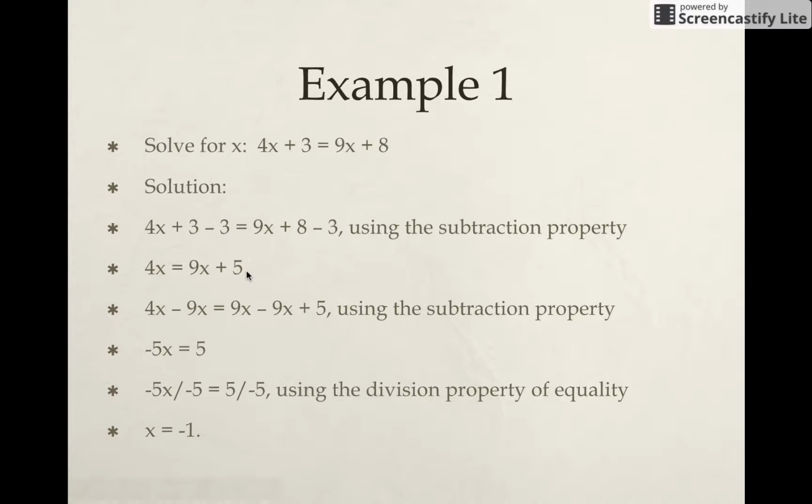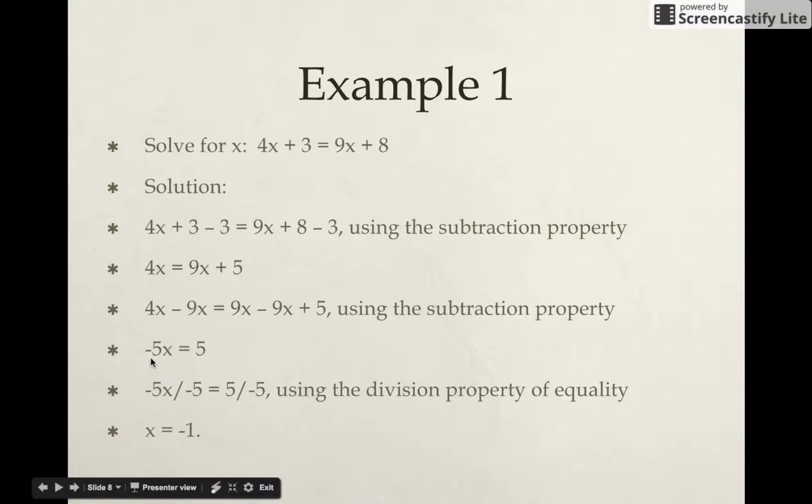To isolate x, it would be nice if all of the x's were on the same side of the equation. So we can use the subtraction property again and subtract 9x on both sides of the equation. When we do that, we get negative 5x on the left-hand side, and we're still left with just that 5 on the right-hand side.